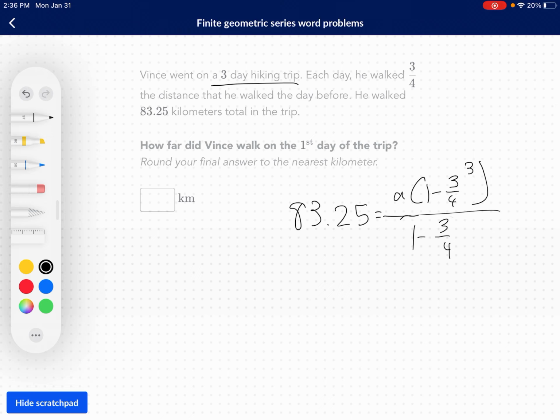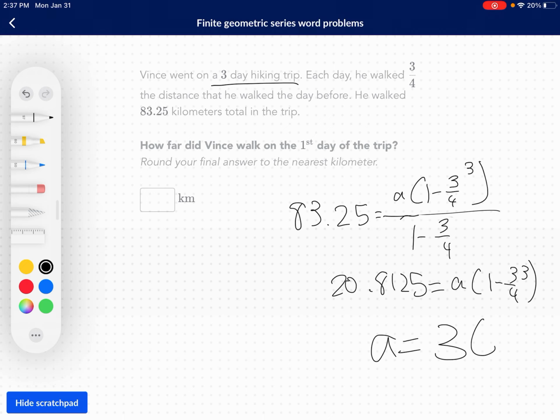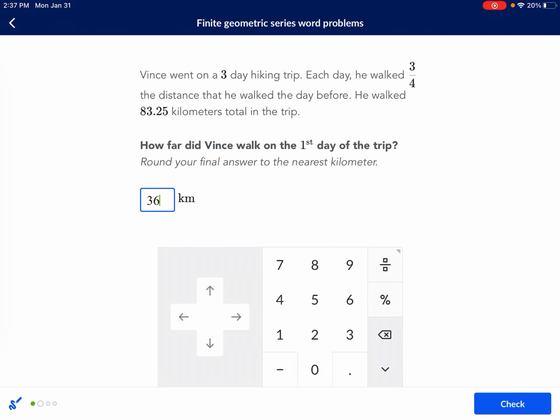So 83.25 times 0.25, not divide like I did in my calculator. 20.8125 equals A times 1 minus 3/4 to the third power, and we can divide by 1 minus 3/4 to the third power on both sides. So that divided by 1 minus 3/4 to the third power, you get that A equals 36. That makes more sense.